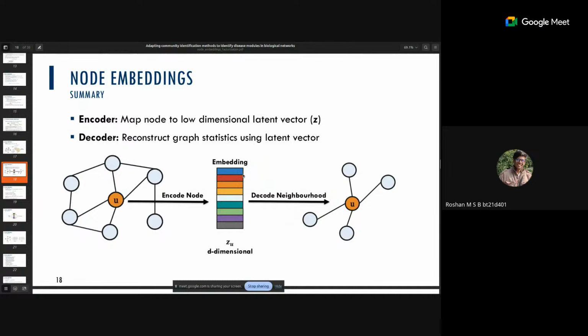So you map each node to a d-dimensional vector. This is how the Z matrix actually looks. Each row represents a node in the graph, and the column represents the size of the latent vector. So you encode each node and decode the neighborhood using the decoder function.